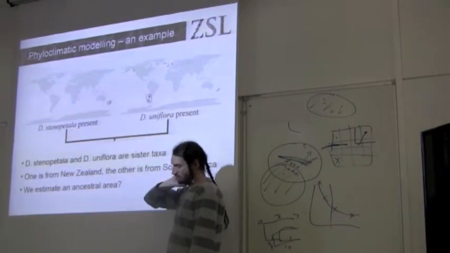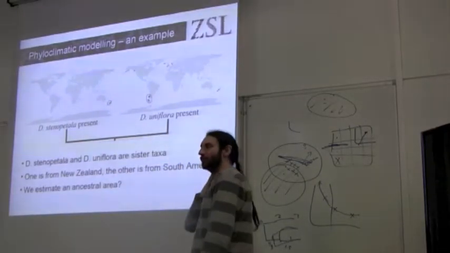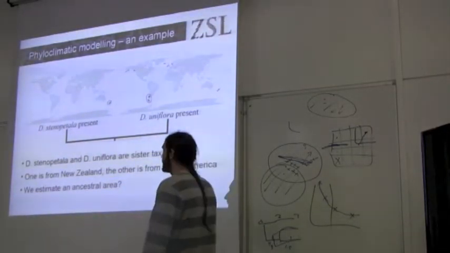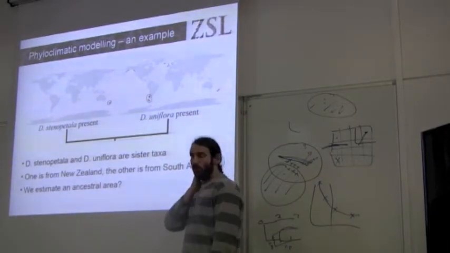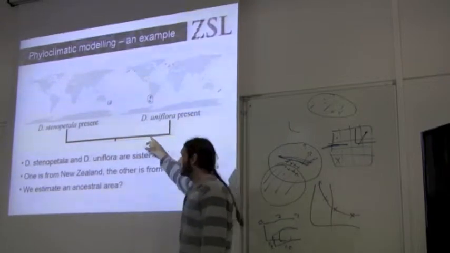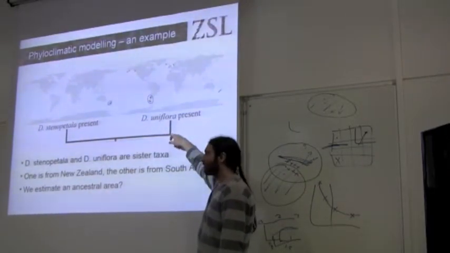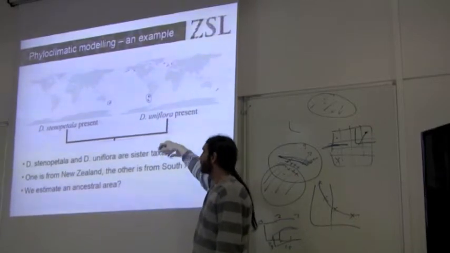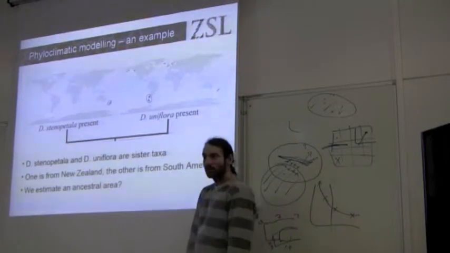So, a simple question might be, where's the ancestral area for these two species? Because we know that they had a common ancestor. We've got a dated phylogeny. We know that their most recent common ancestor was from about 8 million years ago. Do we have fossil evidence?